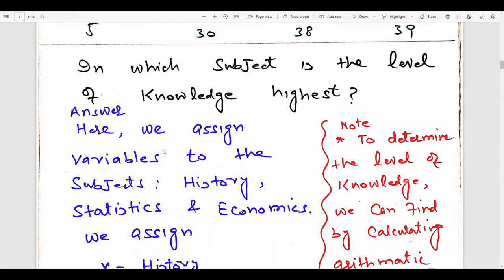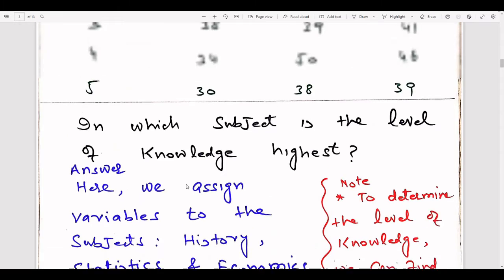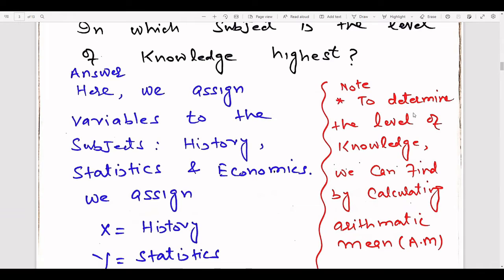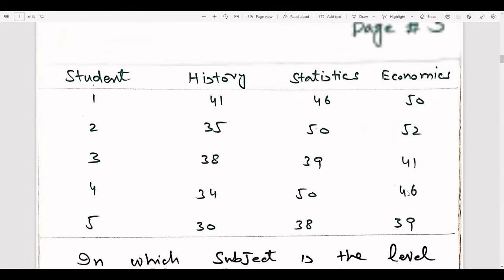So we assign variables to the subjects. First of all, for calculating the level of knowledge, we can calculate this by calculating the average. Here is the note: to determine the level of knowledge, we can find it by calculating the arithmetic mean.